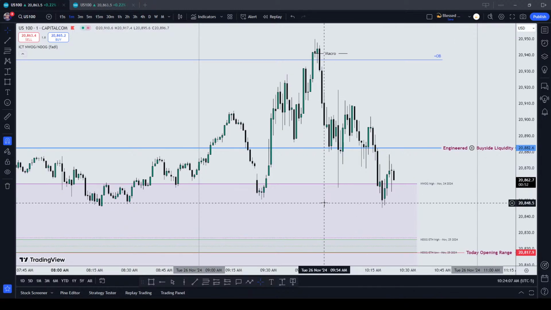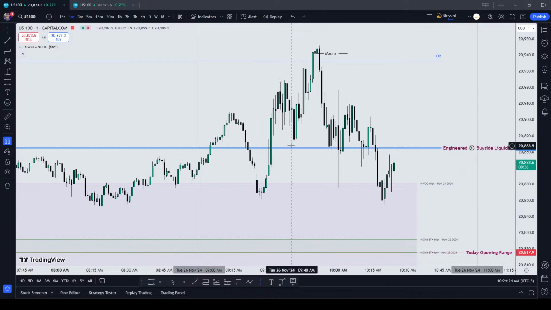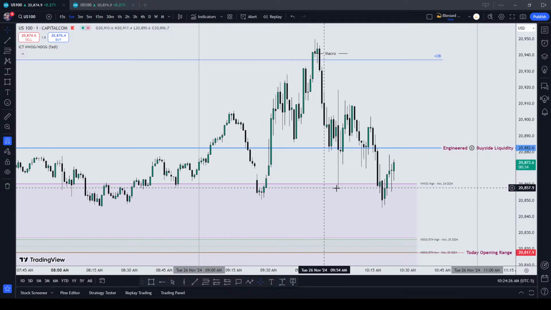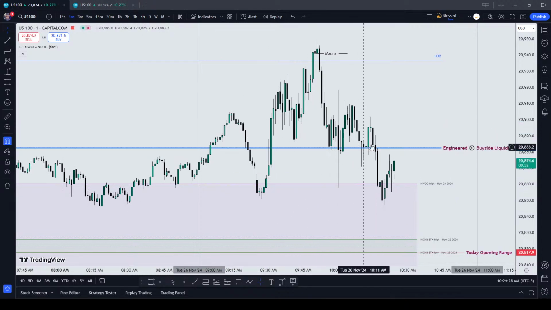So what are the things you are looking for during your 9 a.m. to 11 a.m. for a setup? Like, okay, I'm looking for a setup to trade during this particular time. On this particular day, okay, we are expecting price to be choppy, which price is actually doing here.